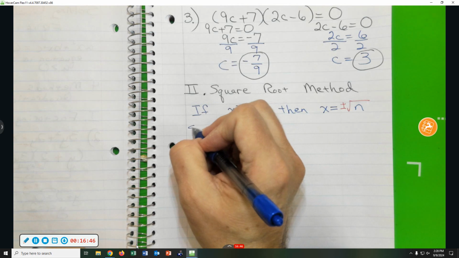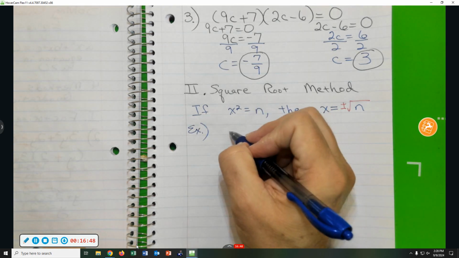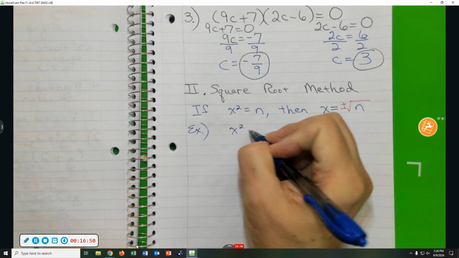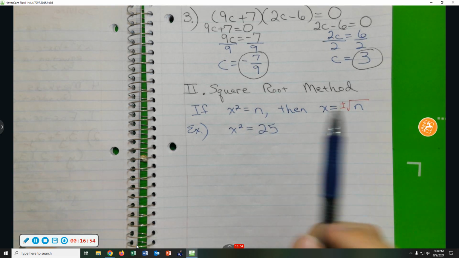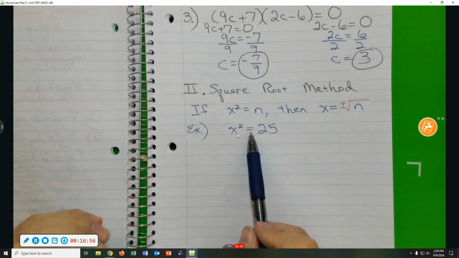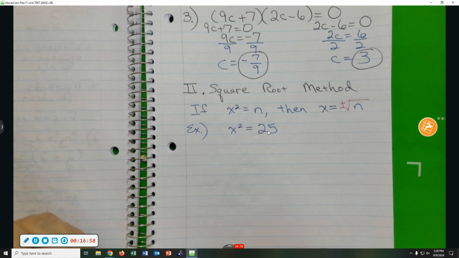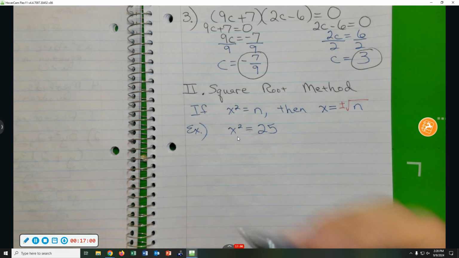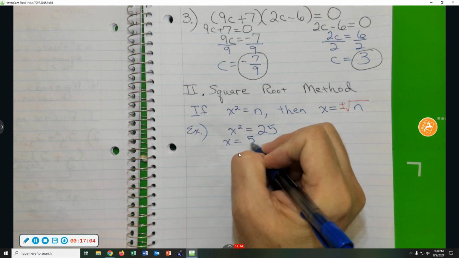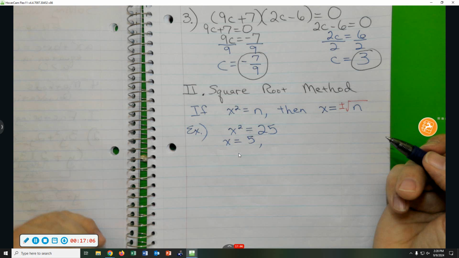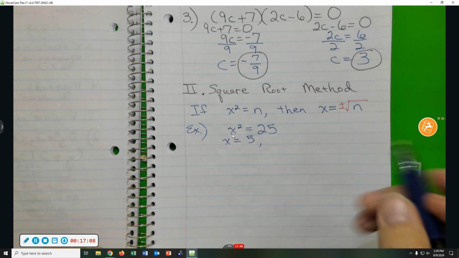And if you think about it, that should make sense. That should be logical. What numbers, there are 2 of them, what numbers can I square to equal positive 25? 5 is one of them, I agree, but there's another. Positive 5 is one of them. What's another one? Negative 5.